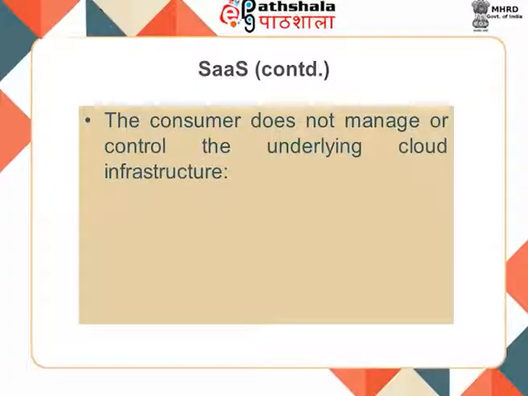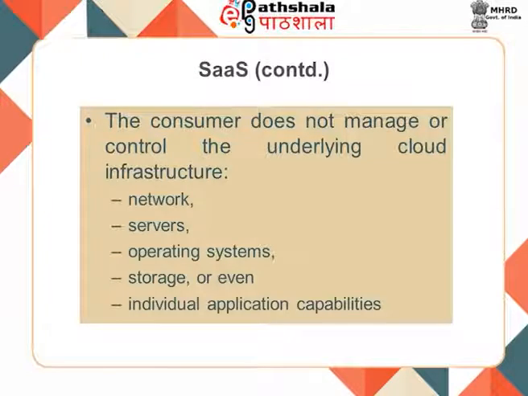So, the SaaS consumer does not manage or control the underlying infrastructure. What is this infrastructure? It is the network infrastructure, the servers where the application program is running, the operating system on top of which the application program is running, and the storage from where the data is going to come.